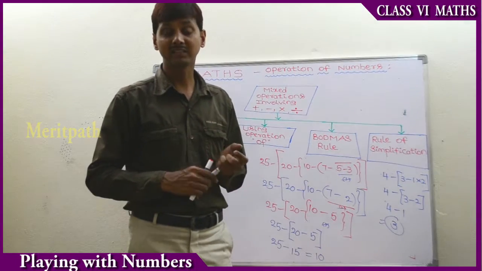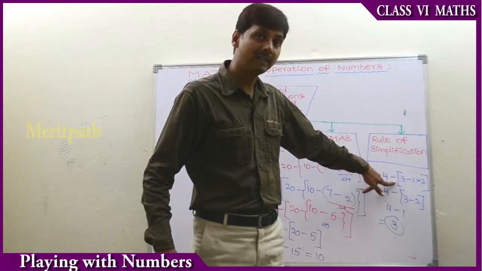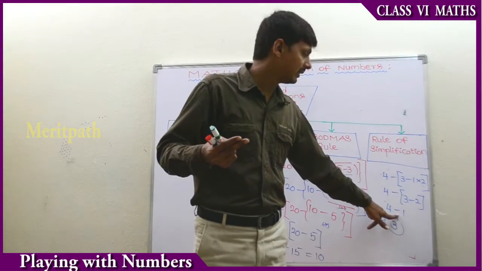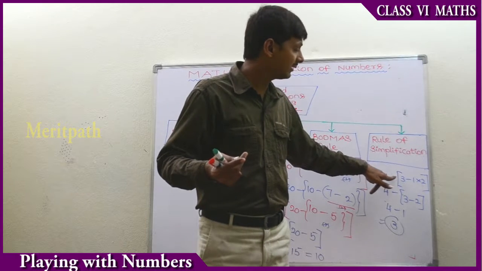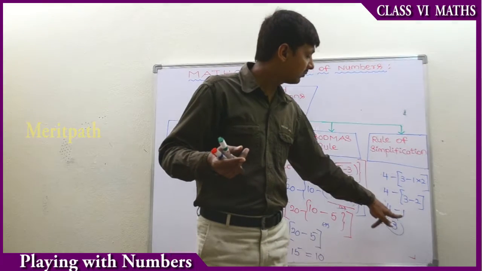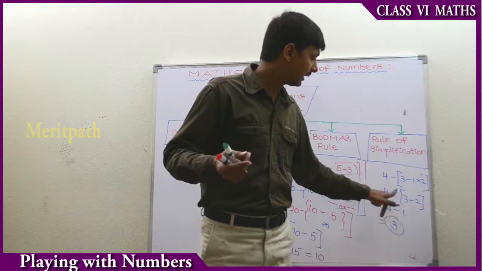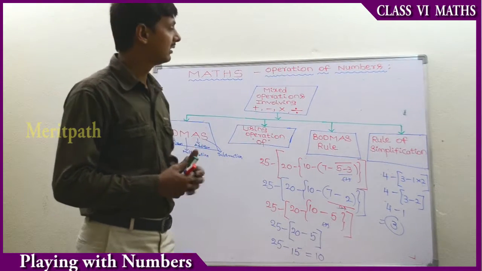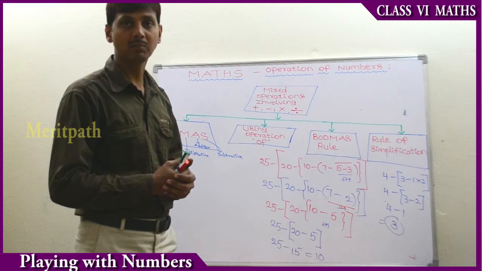And when there is a plus symbol before the bracket, there is no sign change inside the value. If it is minus, then the sign will change for the inside value, that is minus 1. We have written in this manner. So this is the rule of simplification of the brackets.